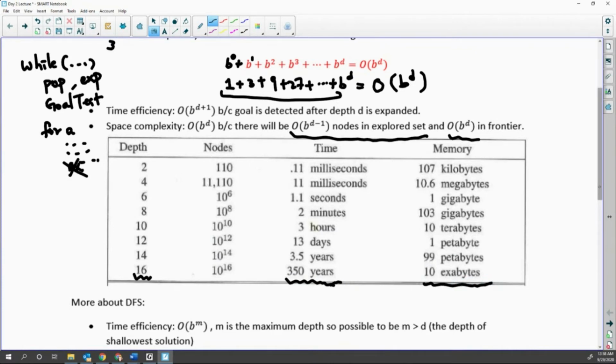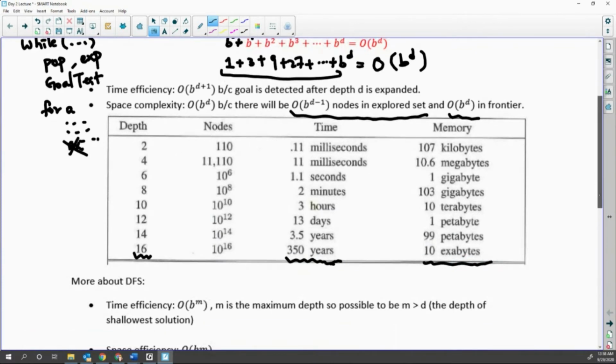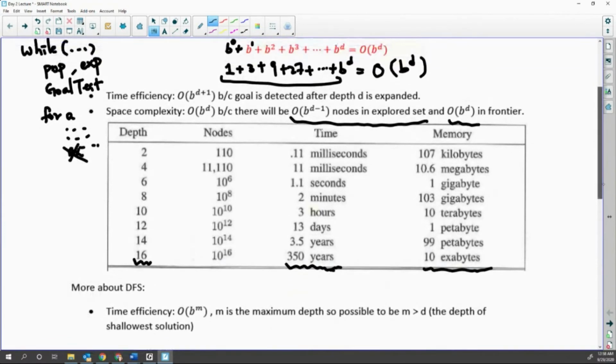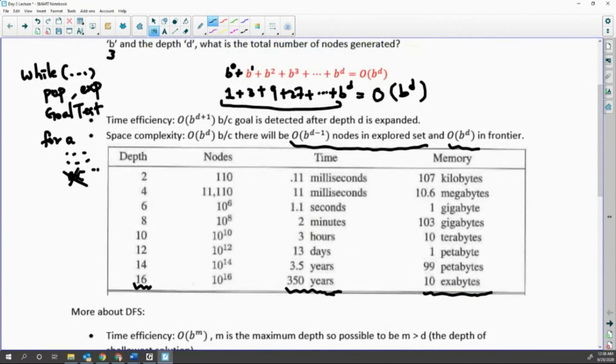Exabyte, oh my gosh, right? So when the branch factor is big, BFS is not good. Because it's exponential, BFS is not good.